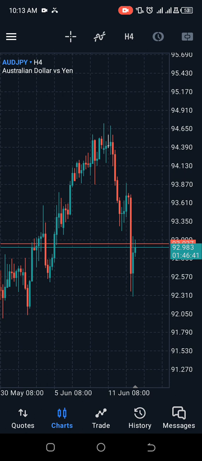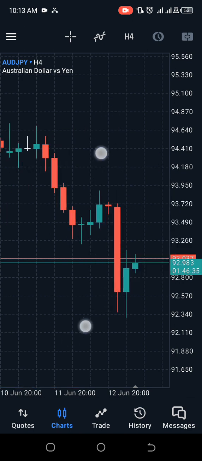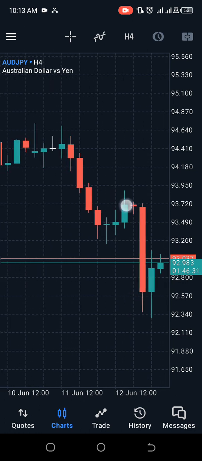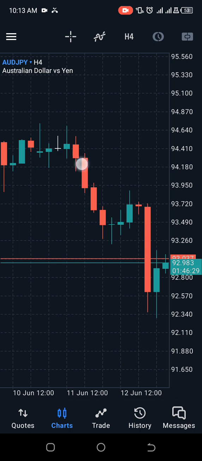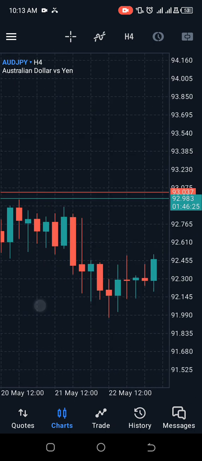Sometimes you see this chart and ask what is this? This is what we call candlesticks. Let me zoom out. You see this red one, it's called a candlestick. The green one, candlestick. All of these are called candlesticks. You can see plenty of candlesticks.